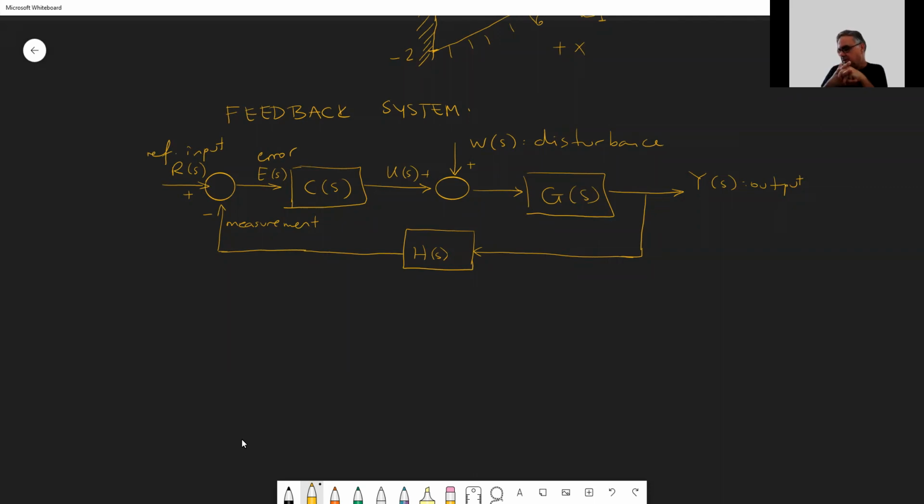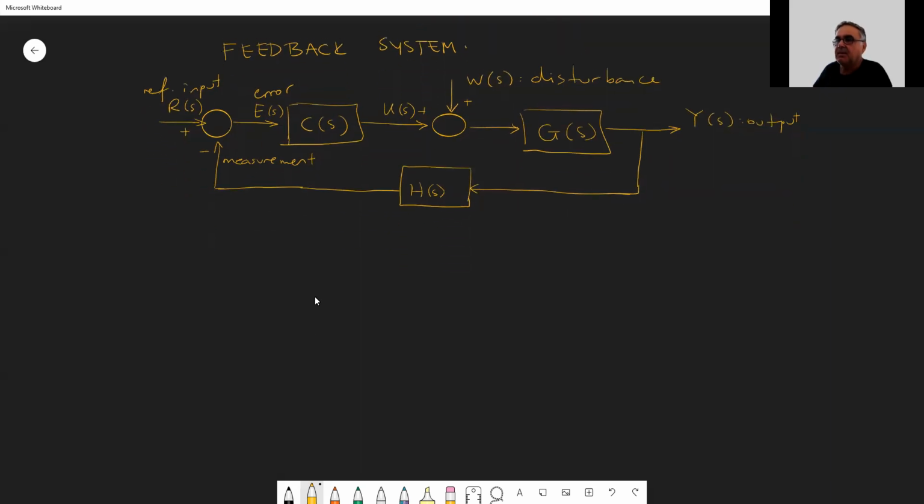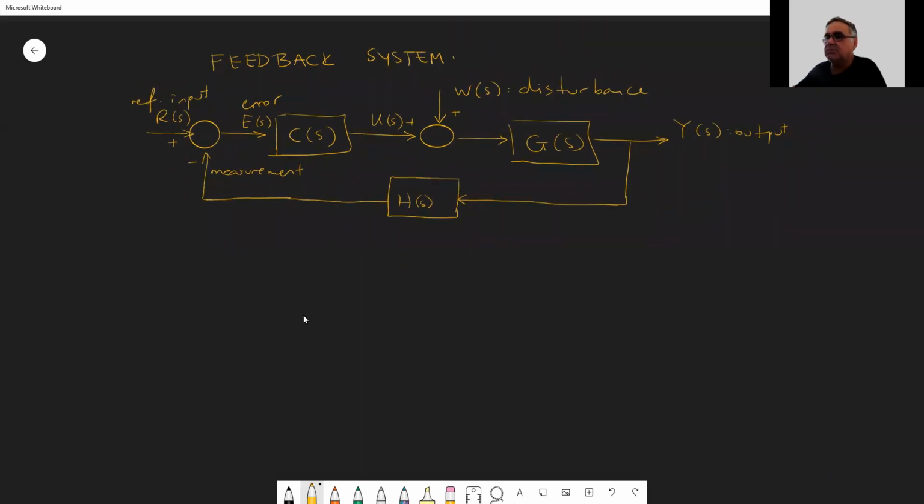For example, if you have a car and you want to keep the speed of the car constant, the car goes along a certain road with a certain velocity, and the cruise control system can keep the velocity constant by giving the necessary amount of fuel to the engine.